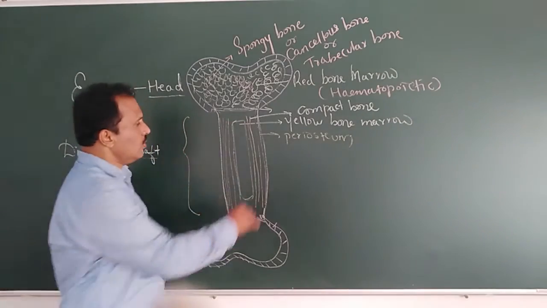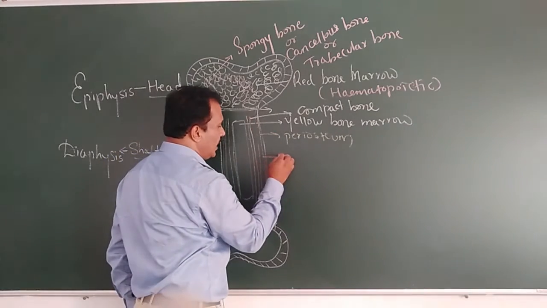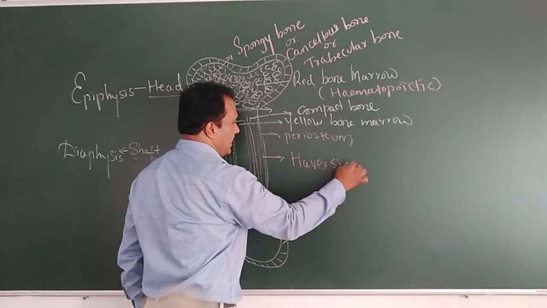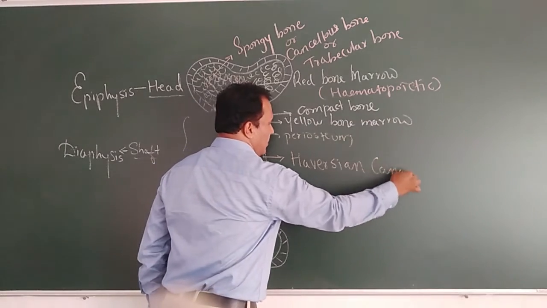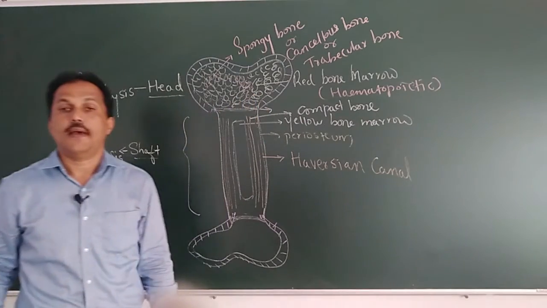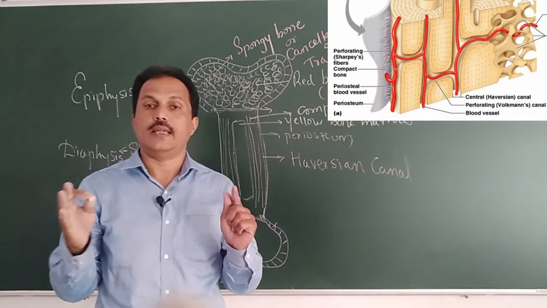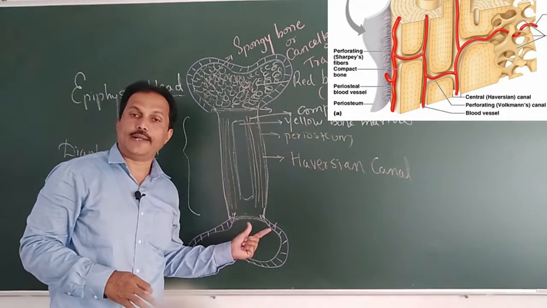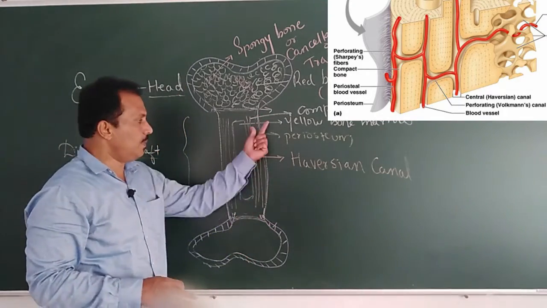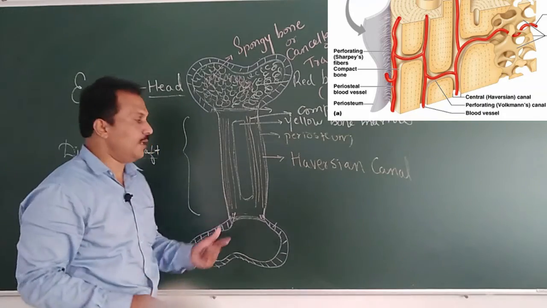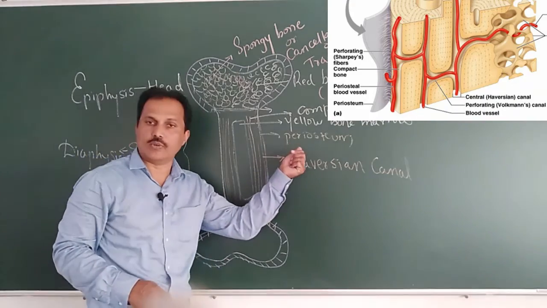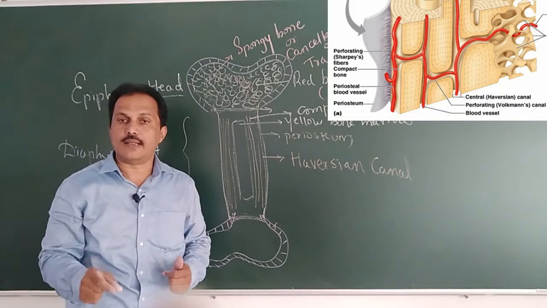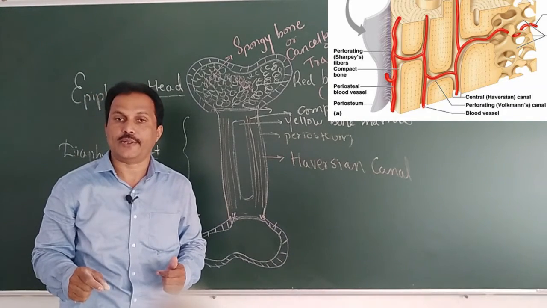These canals are known as Haversian canals. Haversian canals are the canals present in the shaft of the compact bone, beneath the periosteum.